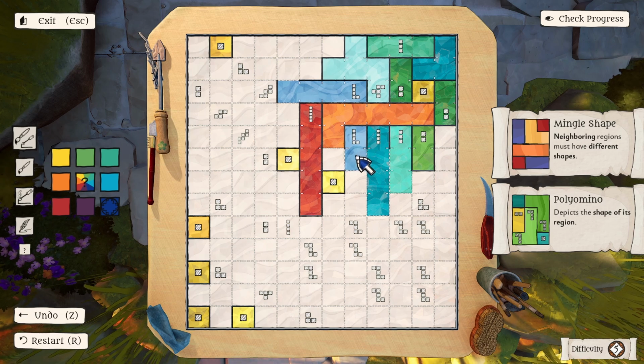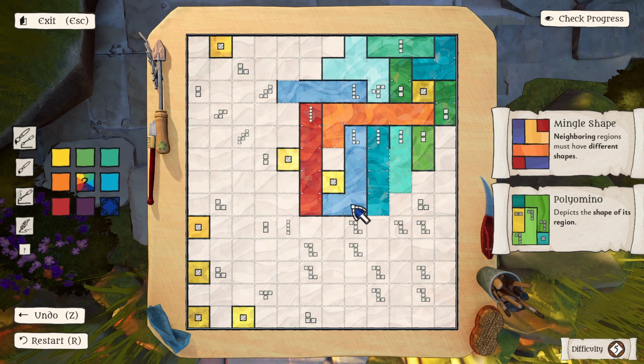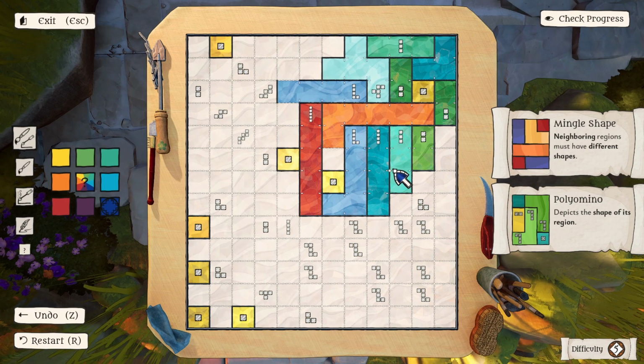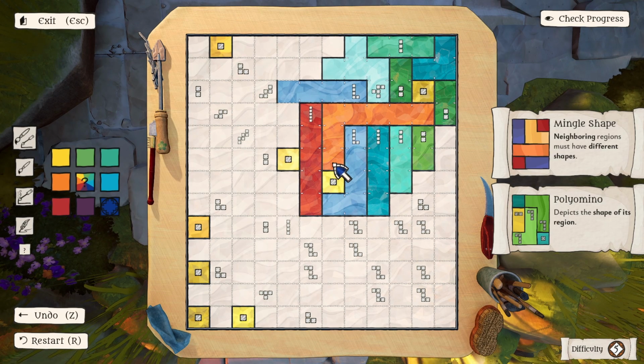This one now has to do that. We have those shapes. Okay, this is not a single, so that does take that.